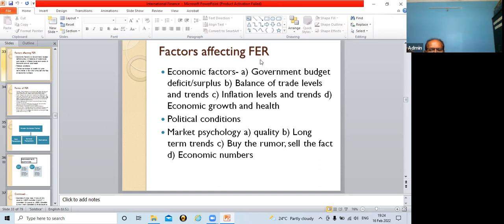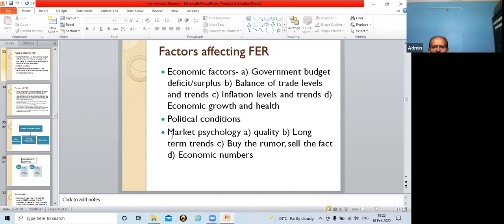If you compare the last 1 year, the rates were stable, but recently, in just 1 or 2 months, the rates have changed tremendously. So here is the political condition, because they do not have peace and harmony. Because of the lack of peace and harmony, the foreign exchange rates have changed. So this was about political condition.